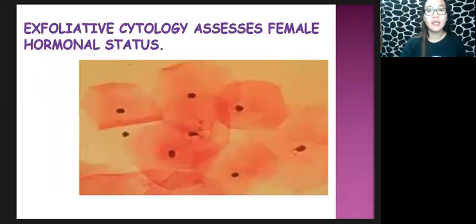So in exfoliative cytology, these are your mature superficial cells. They have an acidophilic character, depending upon the predominant hormone that is present in our female. Later we will discuss that in detail when we go to the different cells.